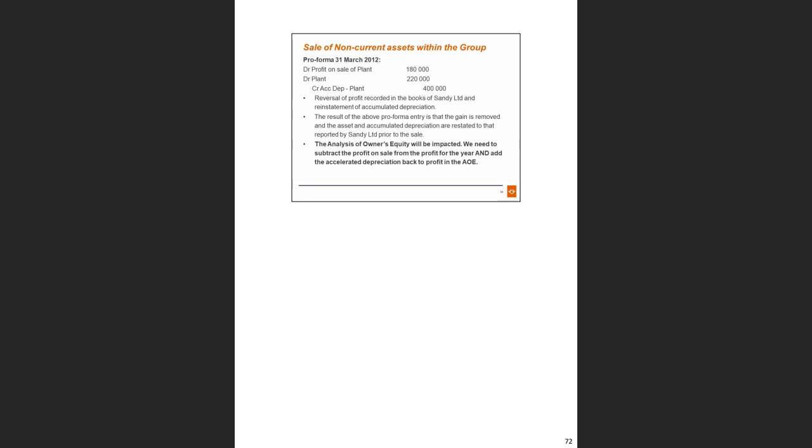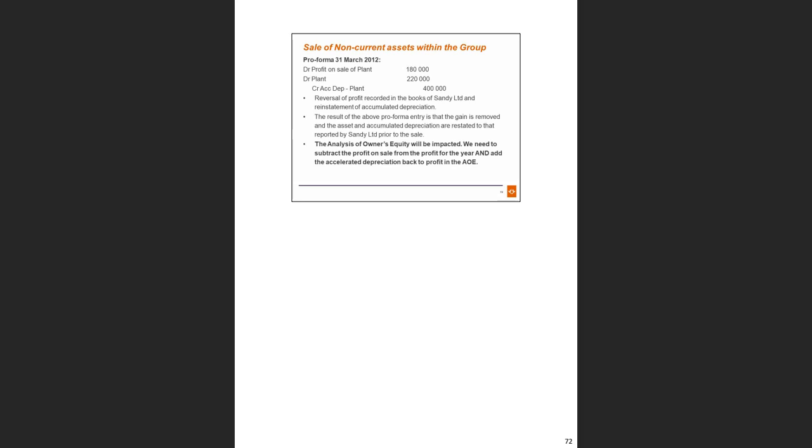We're also saying, Sandy, pretend the sale never happened in the group books. So we're crediting accumulated depreciation of 400,000 Rand. Here we are pretending as if the sale never happened. And we're debiting plant of 220,000 Rand to bring the cost up to its original cost of R1 million.